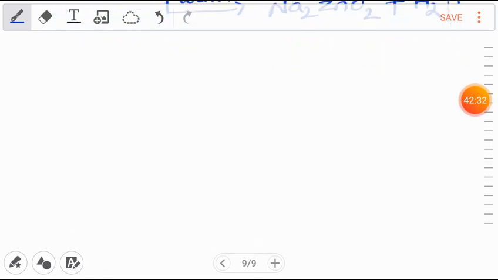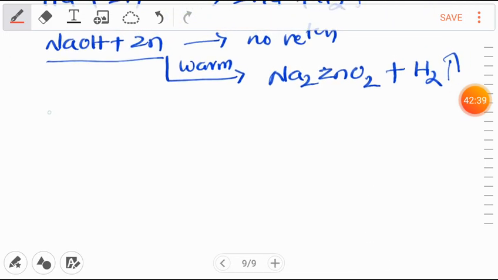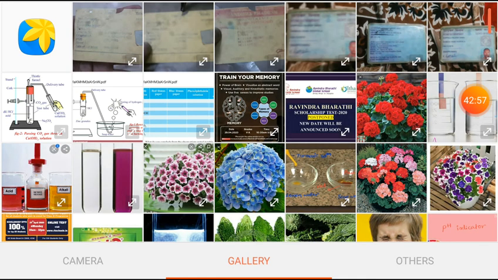So we will see activity 4. What does activity 4 say? There is an image, you can take the image, then you can understand easily.